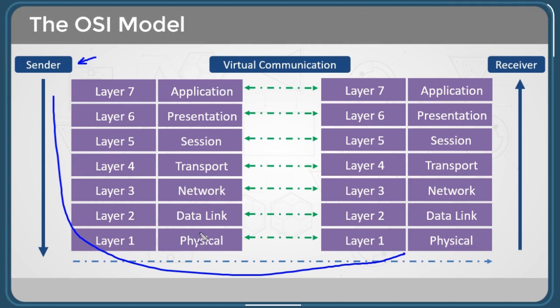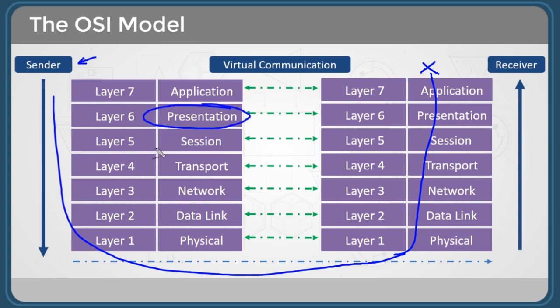And whatever was done to it on the sending side is, for lack of a better word, undone on the recipient side. So that by the time your application receives that packet, it's the exact same data that I sent in the first place. Now, to give you one very quick example, the presentation layer is responsible for things like compression and encryption.